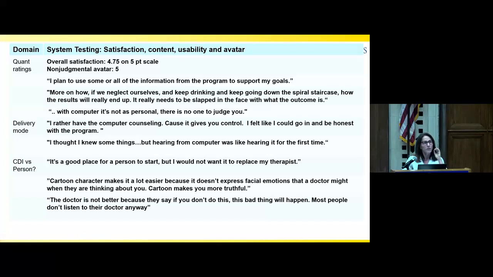It's so easy to lift an eyebrow that we are not even aware of, that will be read as judgment when we talk to our patients. And that whole possibility is removed with computerized interventions. I don't think they should replace therapists, psychiatrists, psychologists, social work, nursing either, but it's a great introduction.